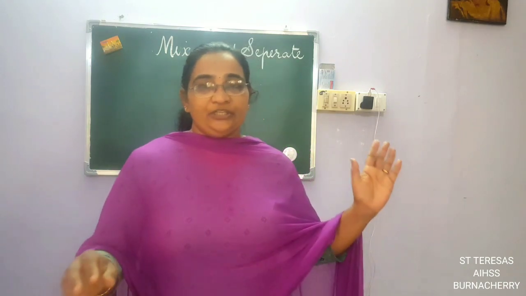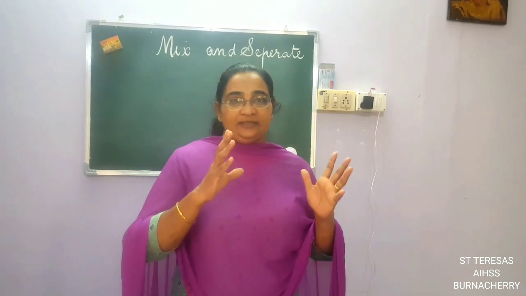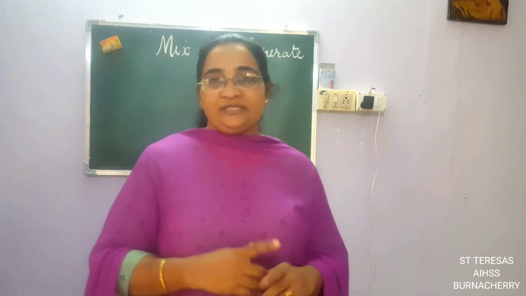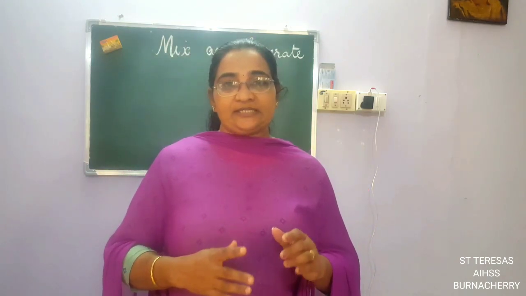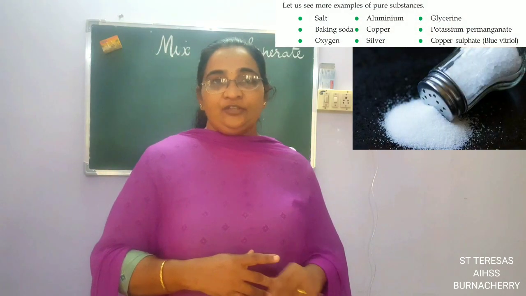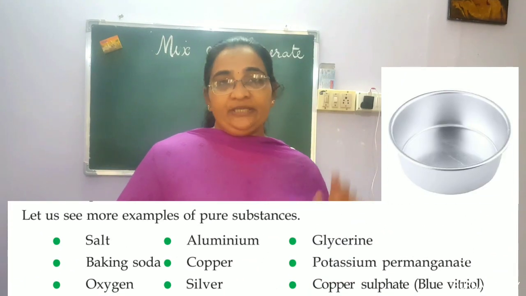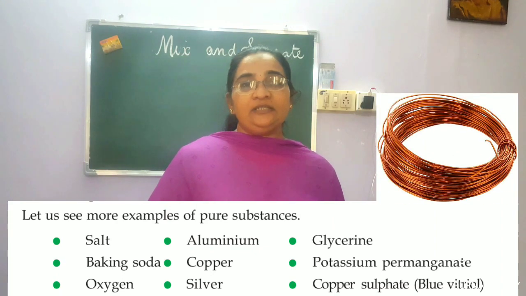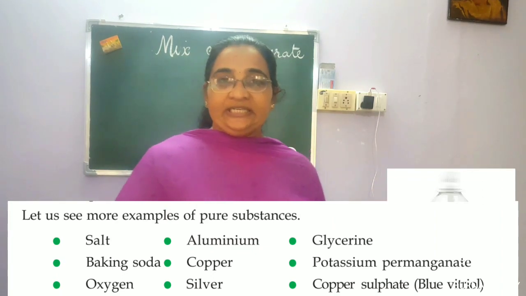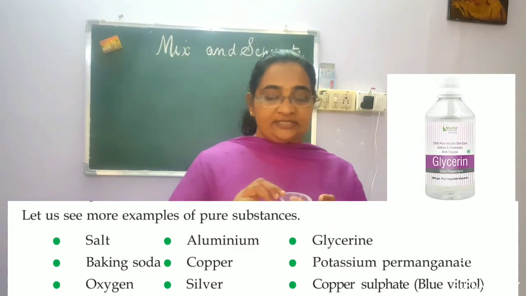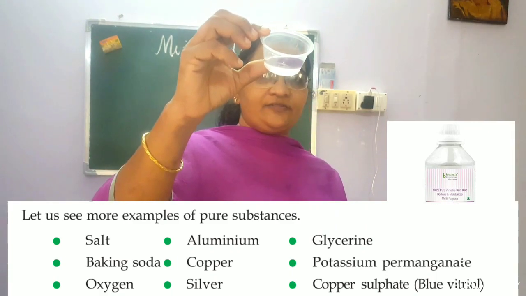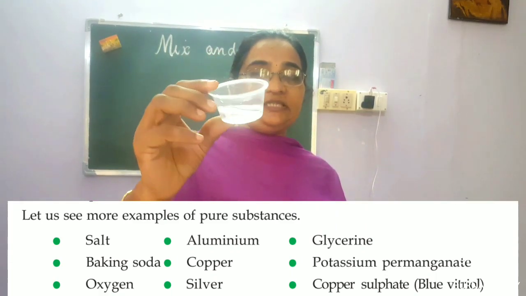In your textbook, you can see there are different examples given there. Which are the examples? Salt. You can see the picture here. Baking soda, aluminium, copper, silver, glycerin. I don't know whether you know what is glycerin. This is glycerin. Okay, this we use for cooking purposes.